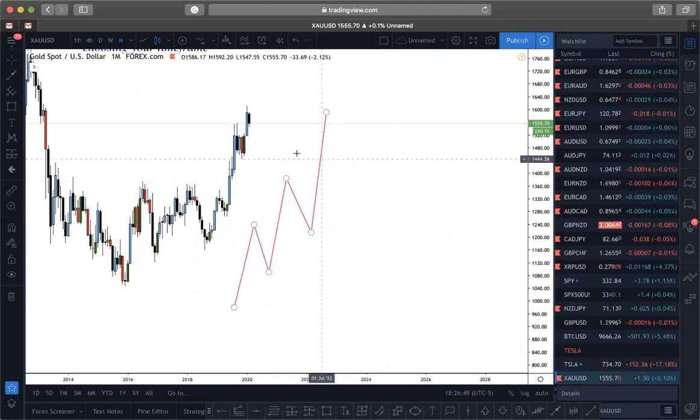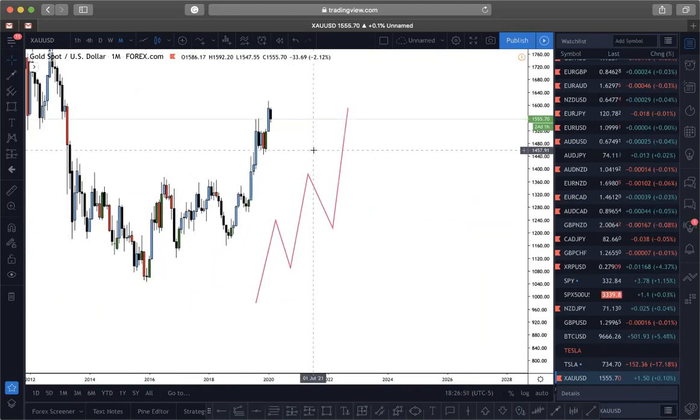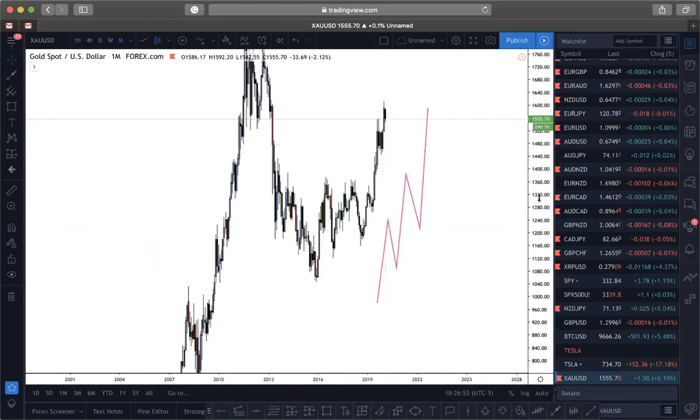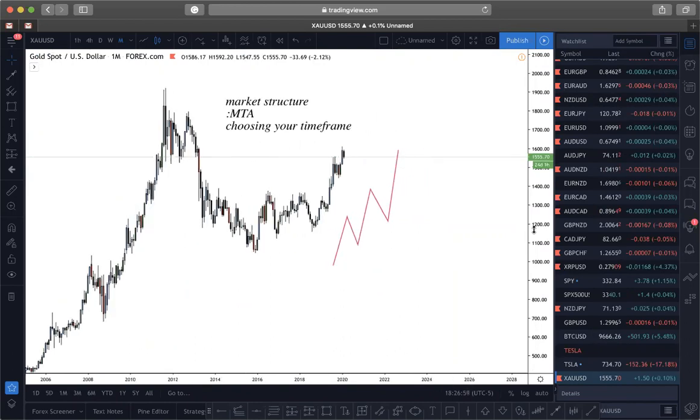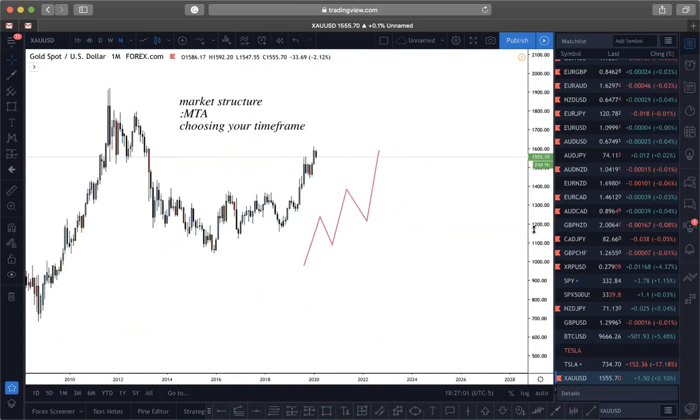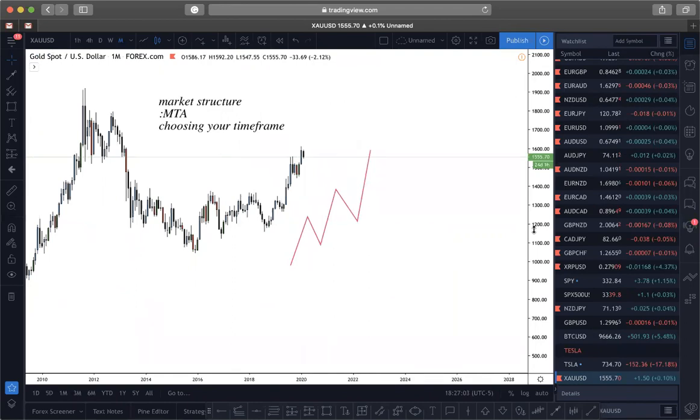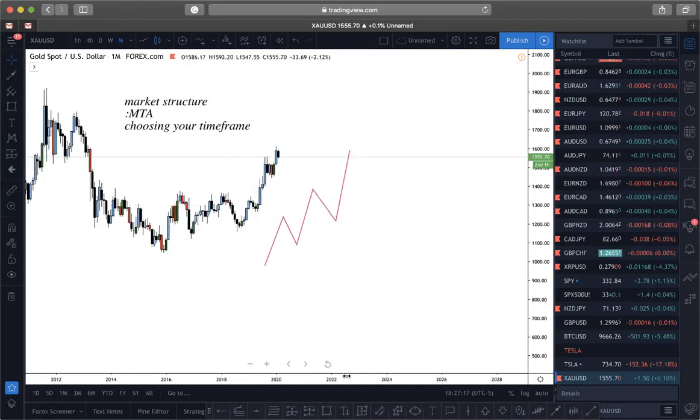So on gold monthly, we could see that gold is in a monthly uptrend, right? Yeah, gold is in a monthly uptrend, right?